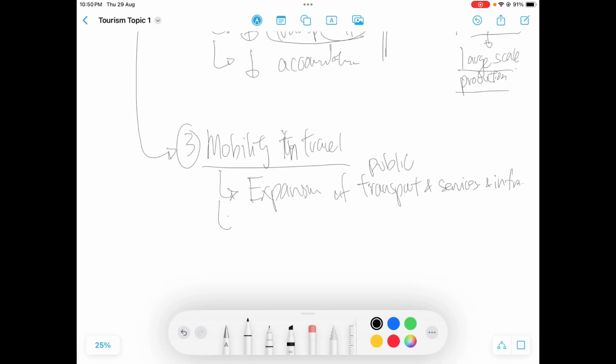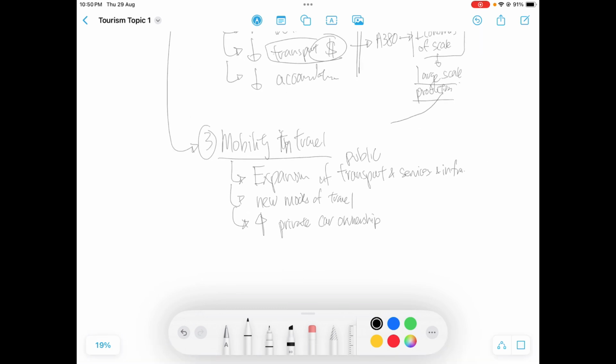And next, it is also due to there being new modes of travel. And last but not least, increased private car ownership. Right? So let's now look at these three factors in terms of mobility.